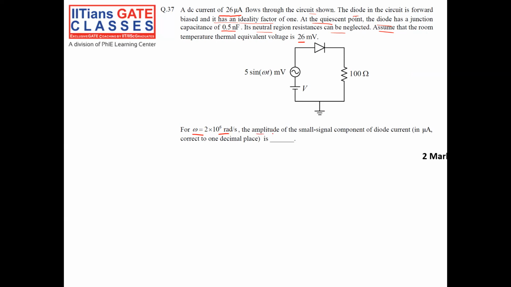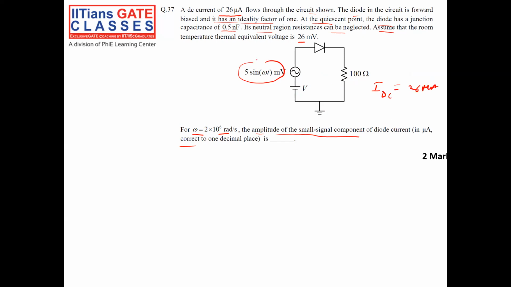We have to calculate the amplitude of the small signal current in the diode. See, there is a DC current. Before application of this voltage, a DC current IDC is flowing in the circuit, which is equal to 26 microampere.